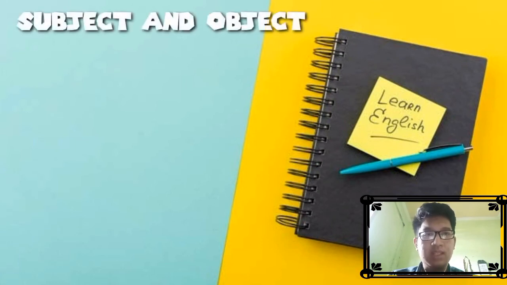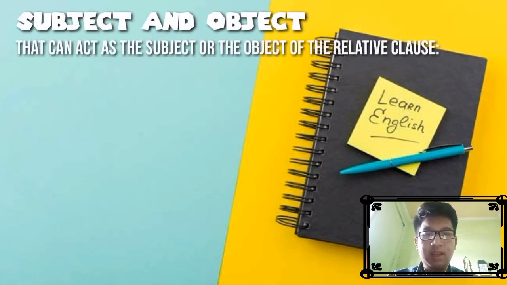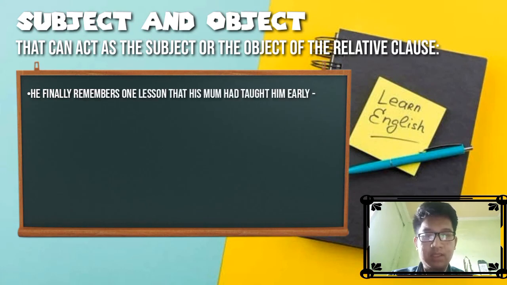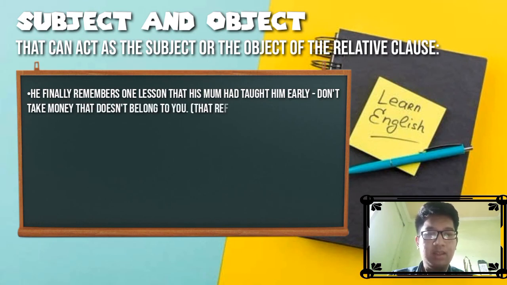Subject and object. That can act as the subject or the object of the relative clause. He finally remembers one lesson that his mom had taught him early. Don't take money that doesn't belong to you.